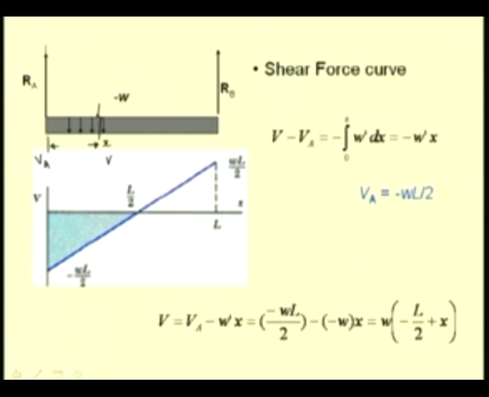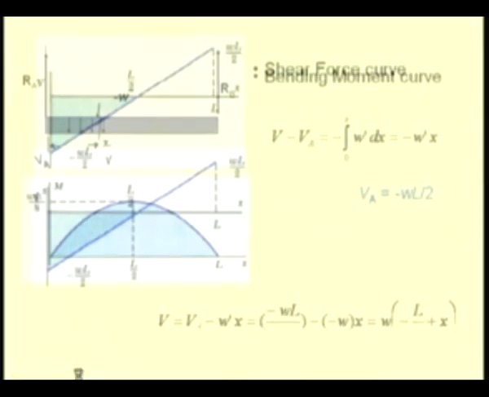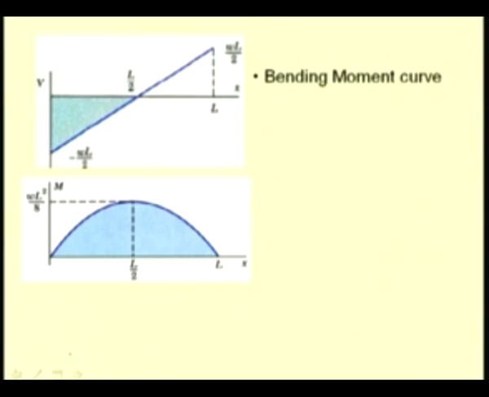Once we have constructed the shear force curve, we can determine the area under the shear force curve, and thus we can move on to draw the bending moment curve. Here we see that the shear force is linearly varying.